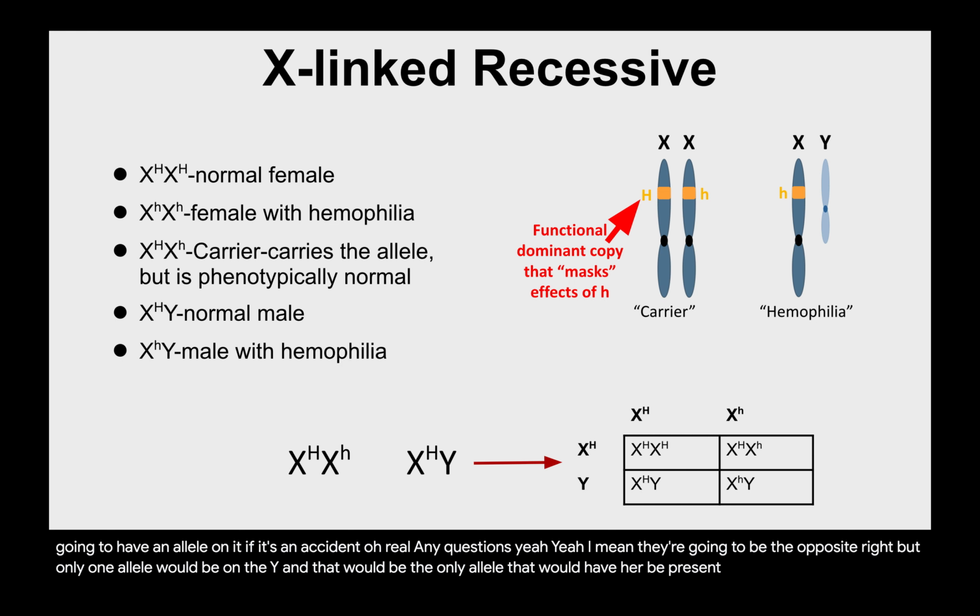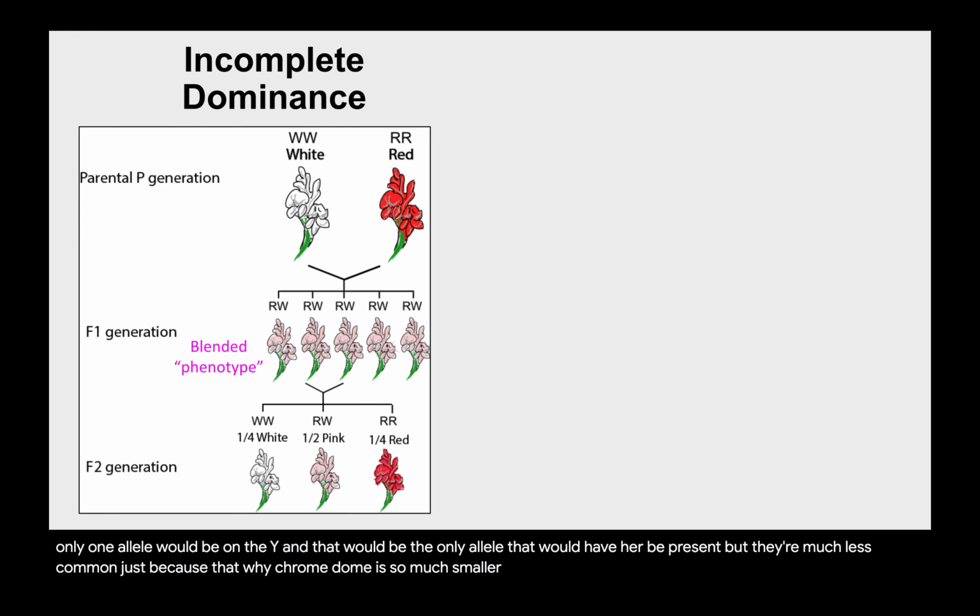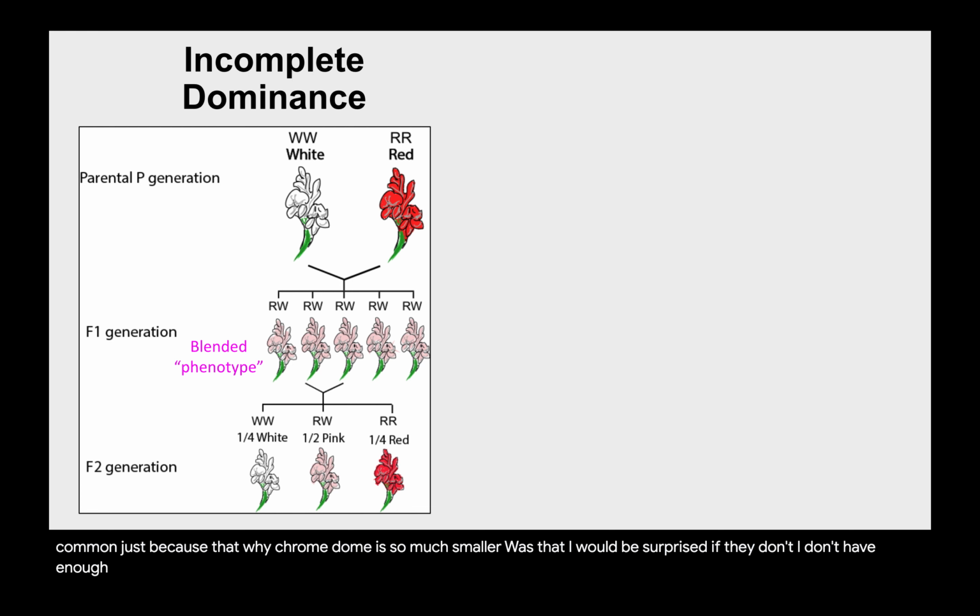But Y-linked diseases are much less common just because the Y chromosome is so much smaller. I would be surprised if they don't exist. I don't have an example off the top of my head, but just like all DNA, we could have some variations in our alleles. I would assume there are Y-linked diseases.